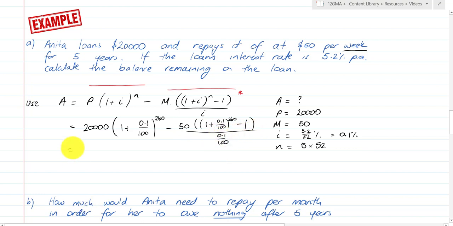And now you can do this in multiple ways. What I'll do, just so you've got the answer to check with, is I'll evaluate the first one and then I'll evaluate the second one, and then we'll do the subtraction last.